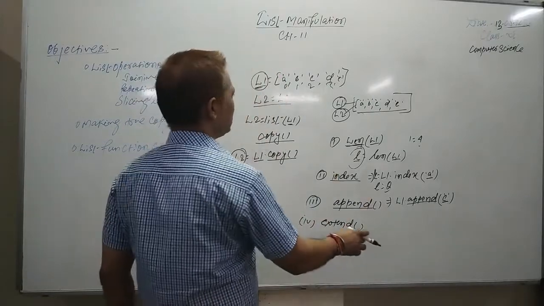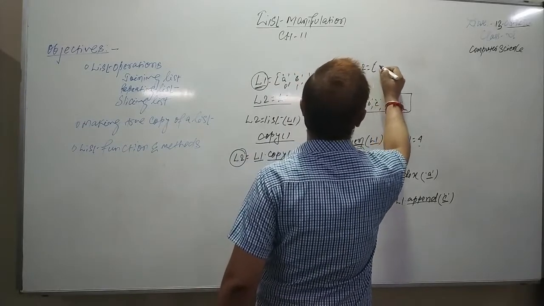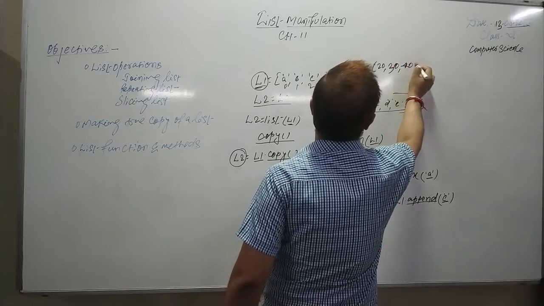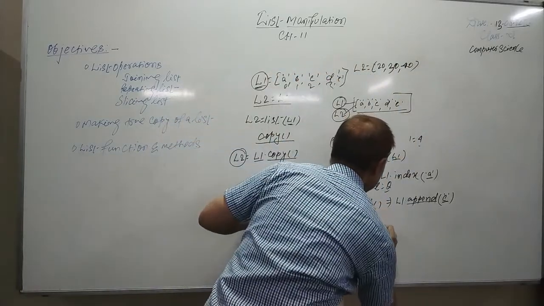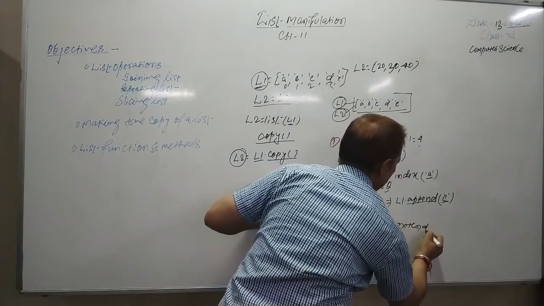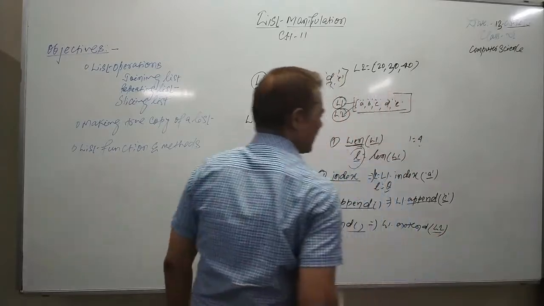Suppose I have two lists, L1 is already there. Suppose L2 equal to, I have another set of numbers 20, 30 and 40. And I want to extend L1. So what I'll do is again say L1 dot extend, and inside the bracket I'll put the list with which you want to extend L1.